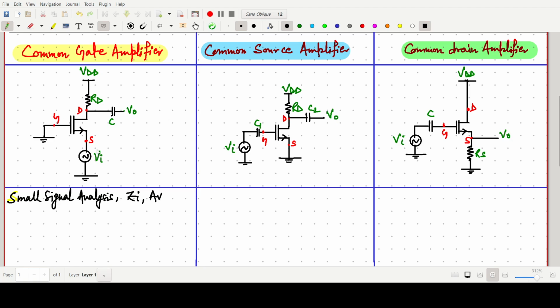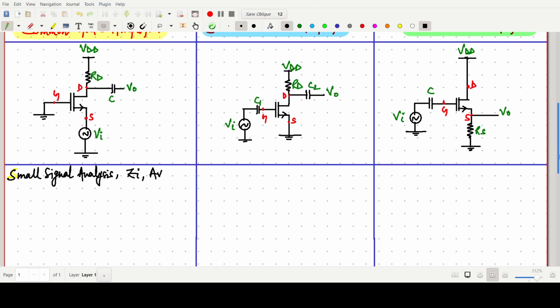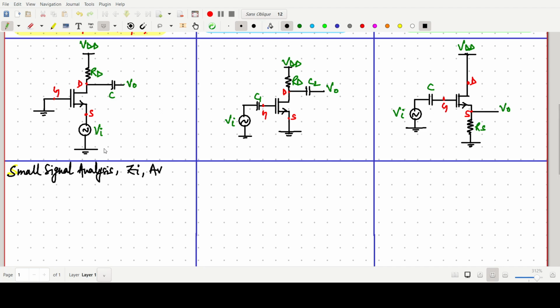First of all, we will go for the common gate amplifier. For the common gate amplifier, we will draw the basic small signal model. First we make the transistor, with a small signal current source gm VGS, where this voltage is VGS, and the gate is connected to ground.